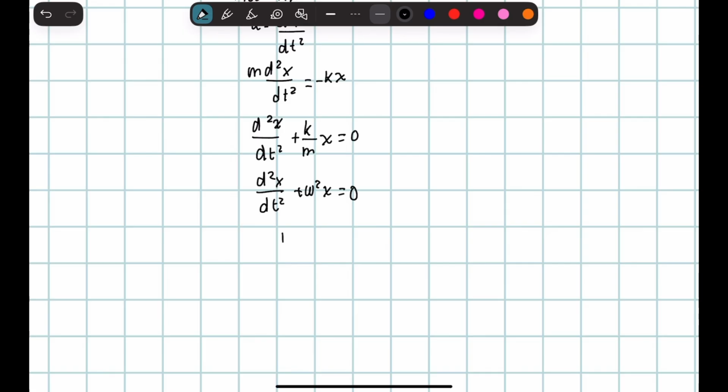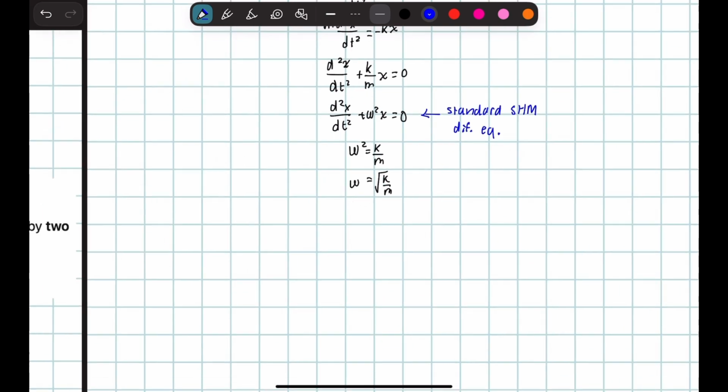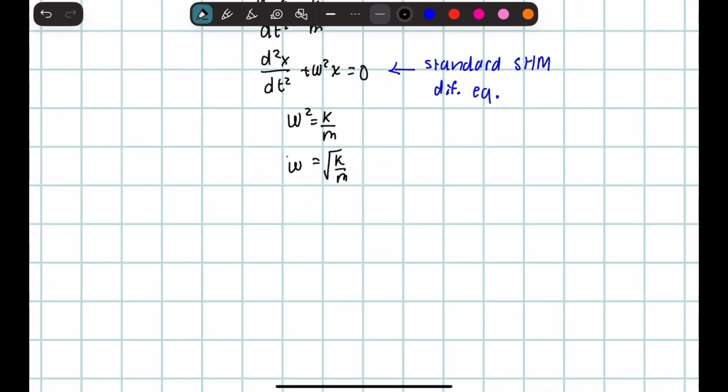So now we have omega squared equals k over m. So from this, rooting both sides, we have omega equals the root of k over m. This is the standard simple harmonic motion differential equation. And this is the derivation.